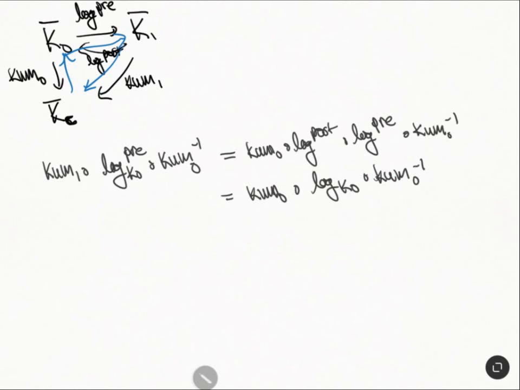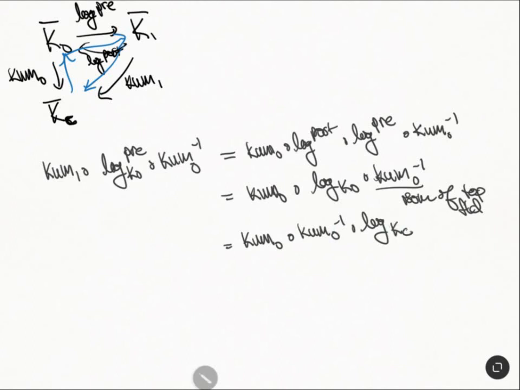Now since this is an isomorphism of topological fields, the power series are respected. This is defined by a Q power series, and so we can just bring that in, composed with log. Now we have log of K0. We can take the log on the first guy, or we can pull it back and take the log there.